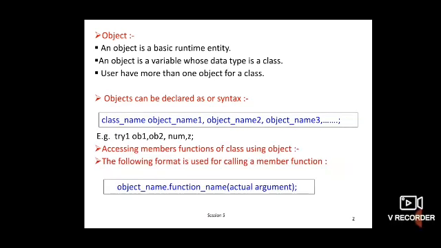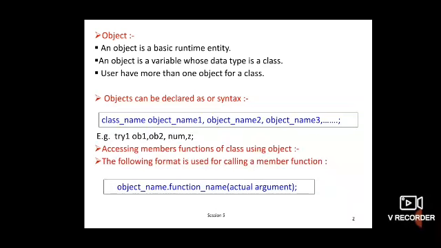Then write the function name and in brackets the actual argument. Actual argument means the value you give directly in the main program, depending on the data type declared for the argument in the member function. Give the actual value when calling the member function in the main program.